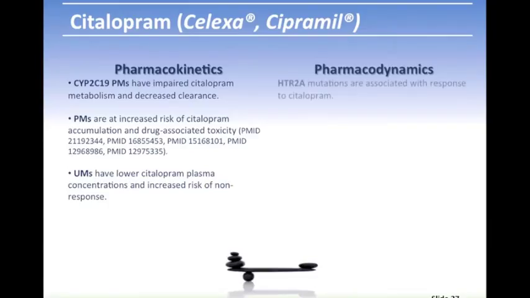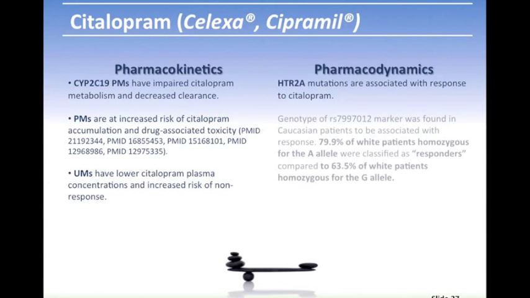For pharmacodynamics, mutations in the serotonin receptor HTR2A are associated with response to citalopram. As indicated in the slide, there are genetic markers associated with increased response or lower response. This is a specific SNP.